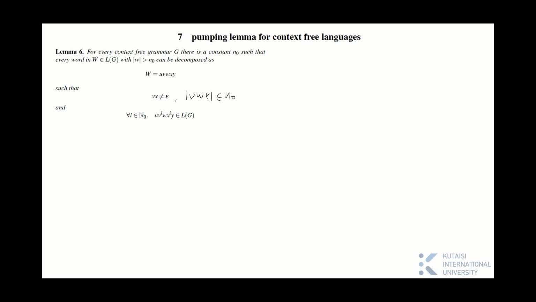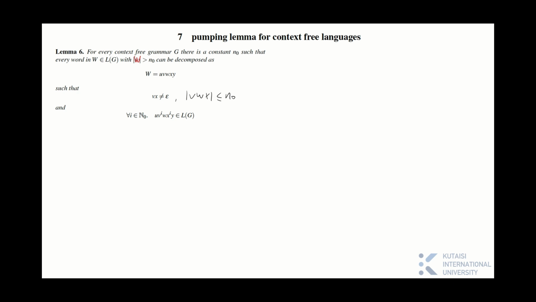If you take a word that is generated by your grammar, with the exact same phrasing as before, and your word W is longer than n0, it can be decomposed now into 5 parts. Before it used to be 3 parts for regulars, now it's 5 parts. Let's call it big W equals u, v, small w, x, y.